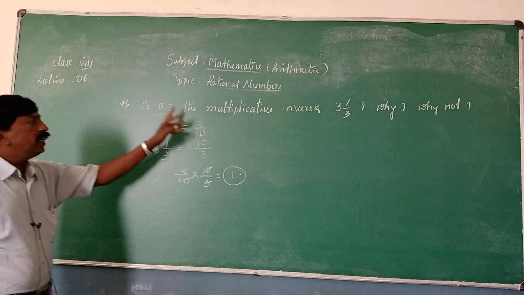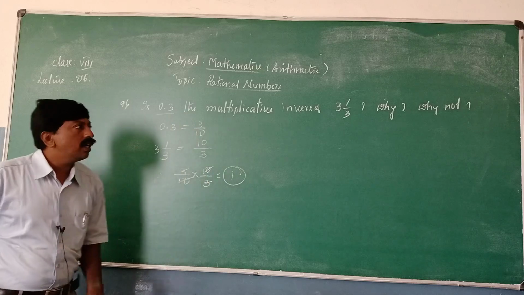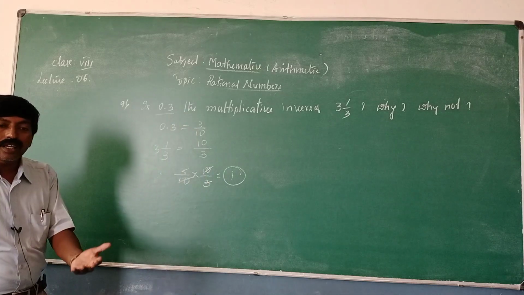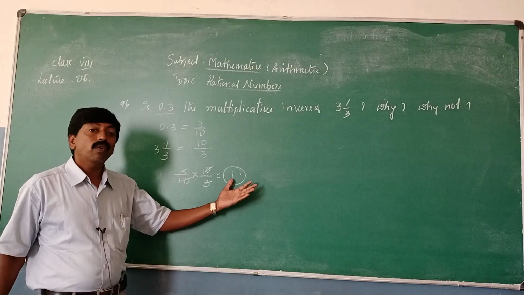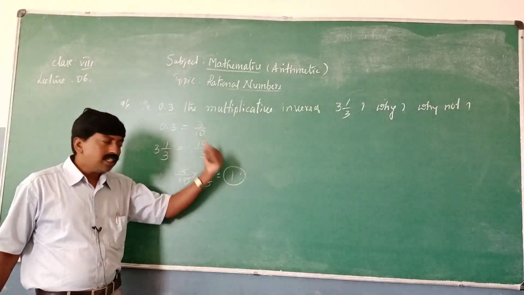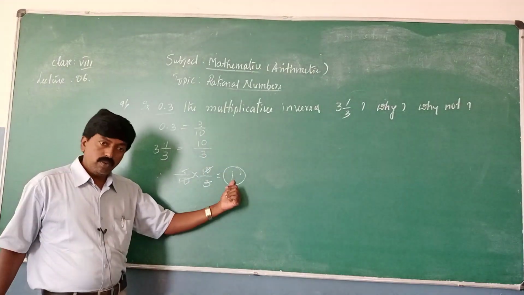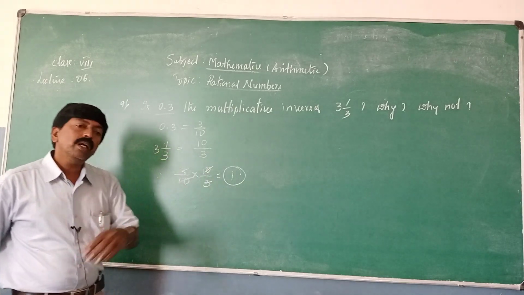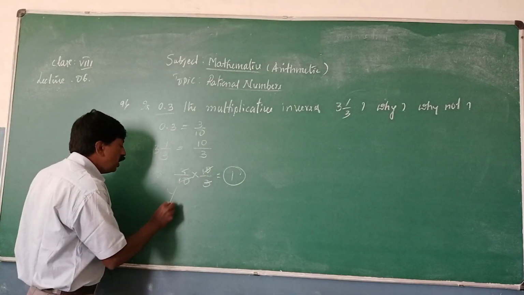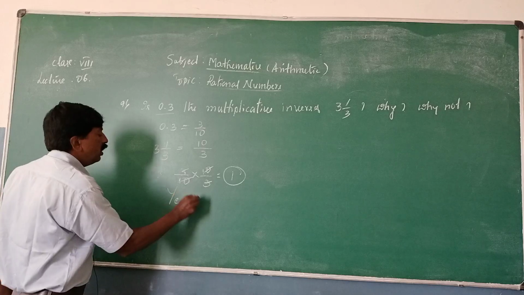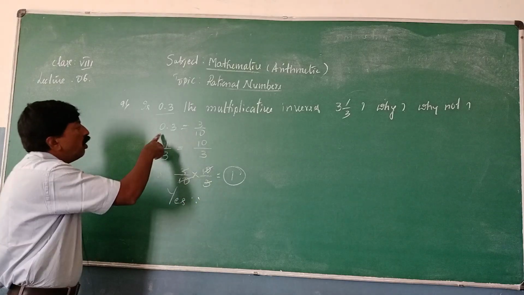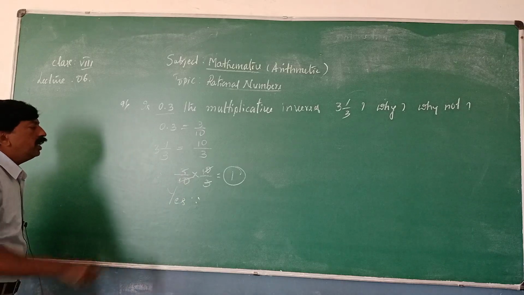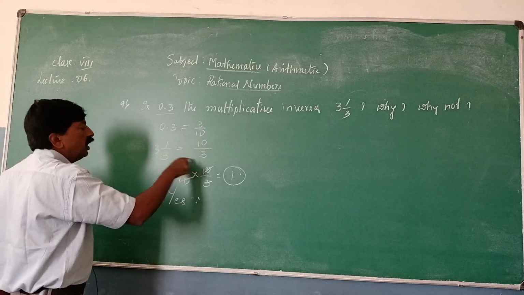So what is your opinion? Is 0.3 the multiplicative inverse of 3 1 by 3? Say yes or no. Yes. Why? Because its product is plus 1. 1 is the multiplicative identity. The reason is, 0.3 is 3 by 10, 3 1 by 3 is 10 by 3.